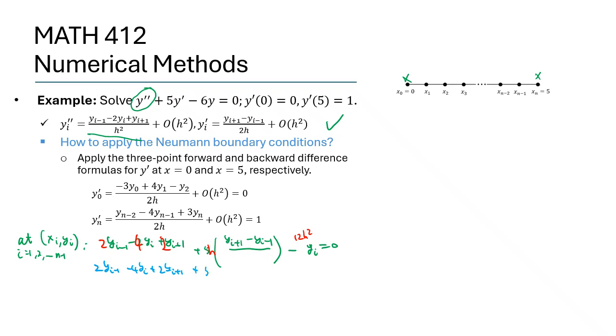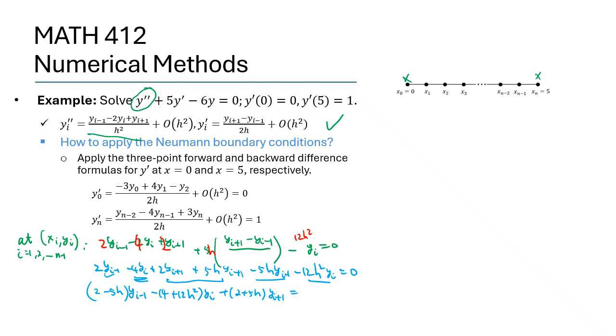So we have 2 y sub i minus 1, minus 4 y sub i, plus 2 y sub i plus 1, plus 5h y sub i plus 1, minus 5h y sub i minus 1, minus 12h squared y sub i is 0. Combining like terms, we have (2 minus 5h) y sub i minus 1, plus (minus 4 minus 12h squared) y sub i, plus (2 plus 5h) y sub i plus 1 is 0.